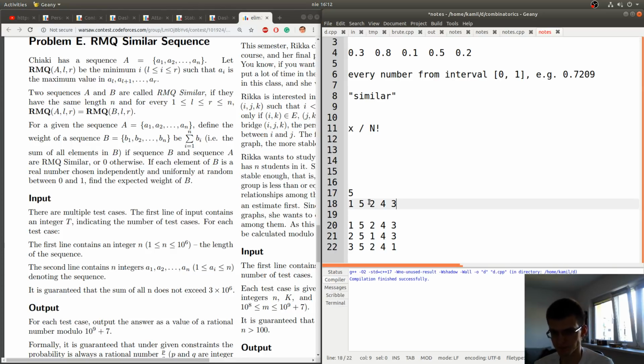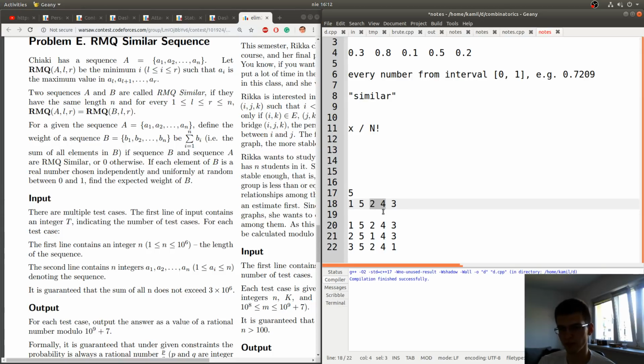Why? Let's see which numbers, for example, when we take a look at 2 adjacent numbers, I claim that in all the permutations that are similar to this one, if we take a look at 2 adjacent values, the order of them must be the same.